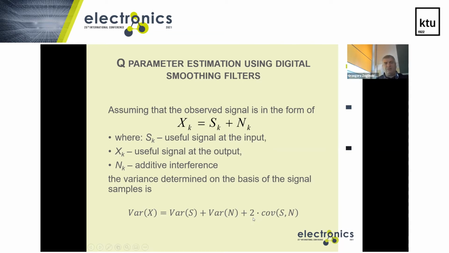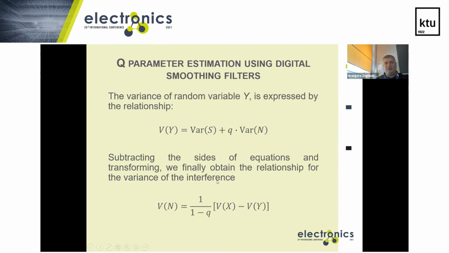And the last point, we prepared a simple method to observe distortion in an optical fiber line, and it was a special method, Q-parameter estimation using the smoothing filter method.